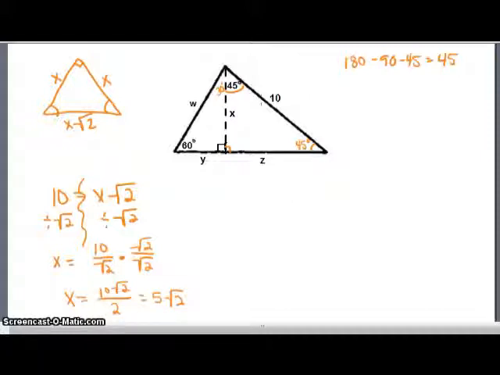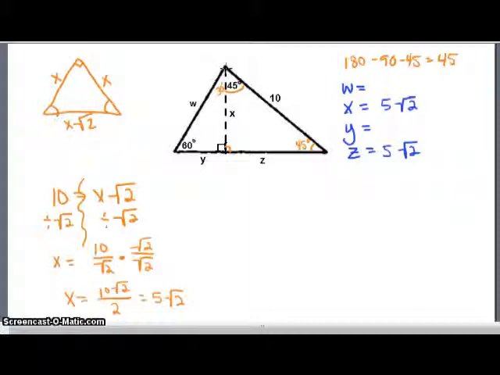So I'm going to use a different color and I'm going to write all my answers up here. So we need to find w, we need to find x, we need to find y, and we need to find z. And we just found both x and z as 5 root 2.